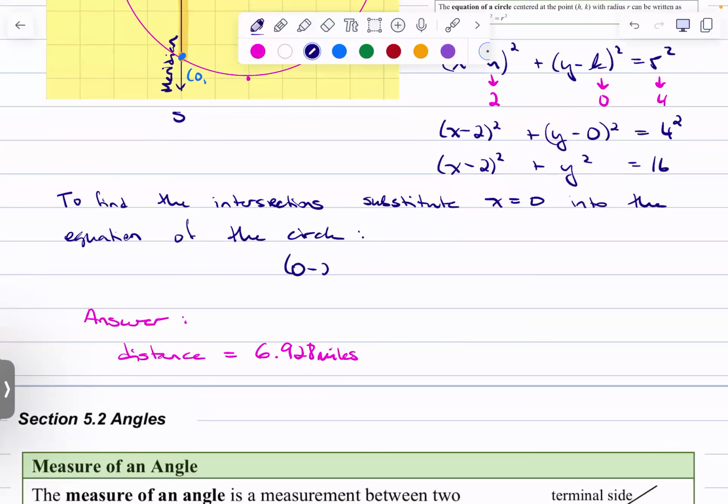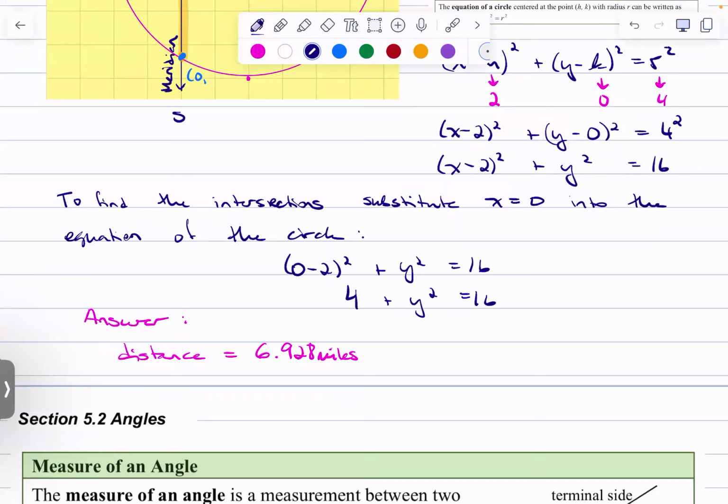So I get 0 minus 2 squared plus y squared is 16, which means I get 4 plus y squared is 16. If I subtract 4 from both sides, I get 12.